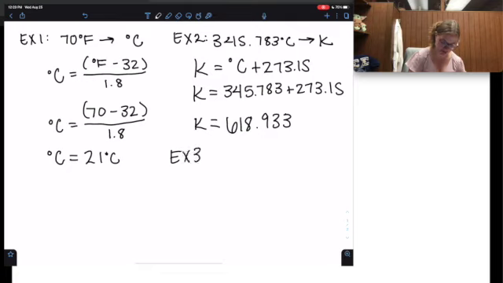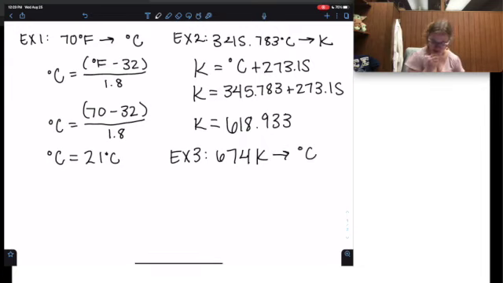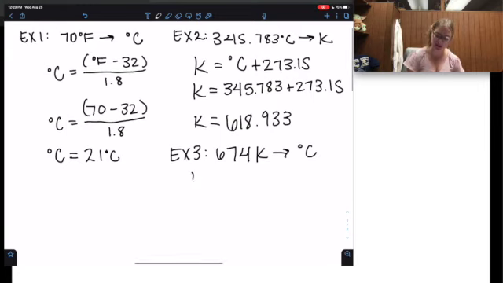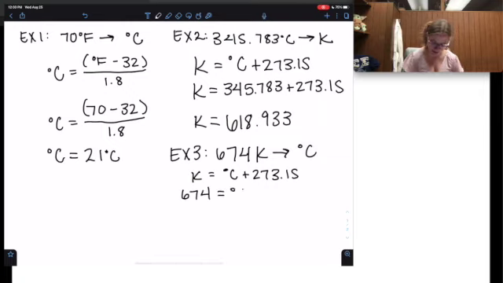In my example 3 here, I want to go from 674 Kelvin to degrees Celsius. In this case, I could just plug into that equation I just used again. Again, I'm relating Celsius and Kelvin. So I'm going to put the 674 where the K is, and I have degrees Celsius plus 273.15.